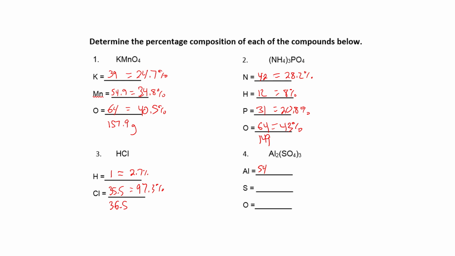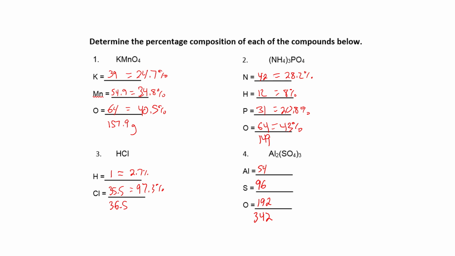Sulfur has a mass of 32 grams per mole. 32 times 3 is 96. And oxygen, we have to carry in the 3, so that's actually 12 oxygen times 16 grams per oxygen is 192 grams. And when we add that up, we get 342 grams total.